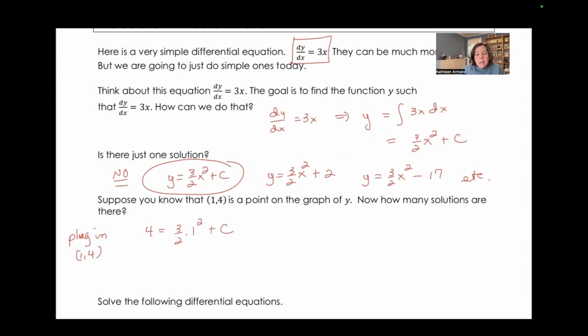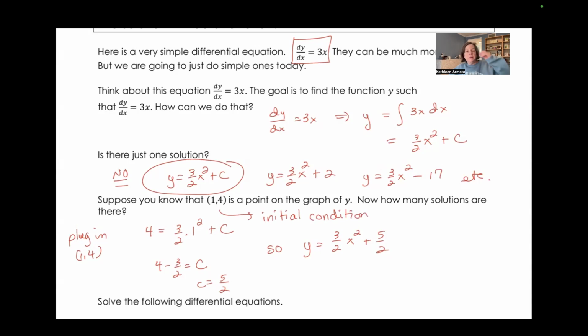There's only going to be one solution to that equation. So 4 minus 3 halves equals c. 4 is 8 halves minus 3 halves, so c would be 5 halves. So this particular solution is y equals 3 halves x squared plus 5 halves. This point is called an initial condition.